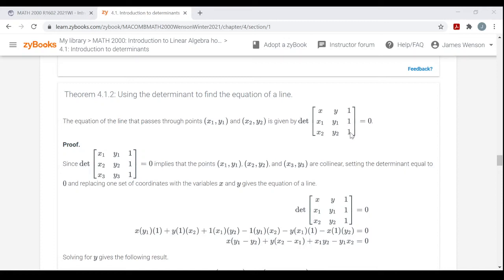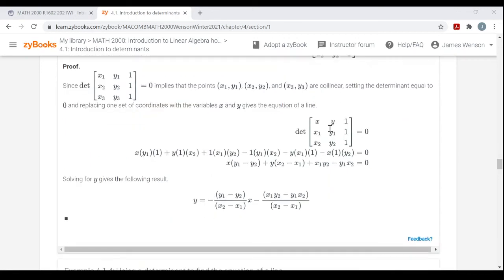And again, you got this column of 1s here, and I set it up so that the determinant of this matrix is 0. So I write this as an equation. The determinant of this matrix is 0, and that means that this unknown point is on the same line as these 2 points. They're collinear if the determinant of this matrix is 0. And then I solve for y, and that gives me the equation of the line.